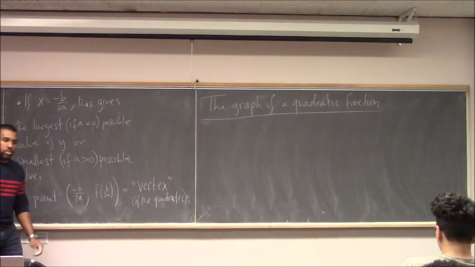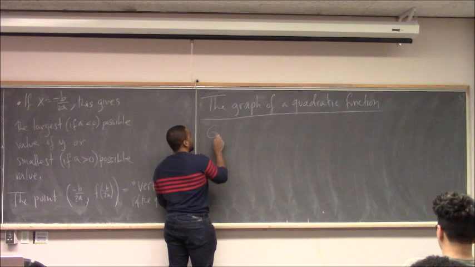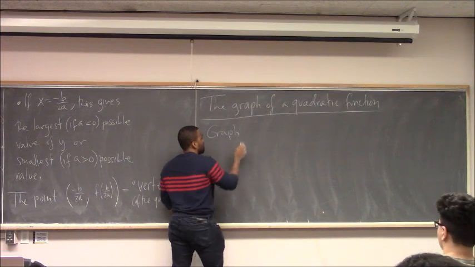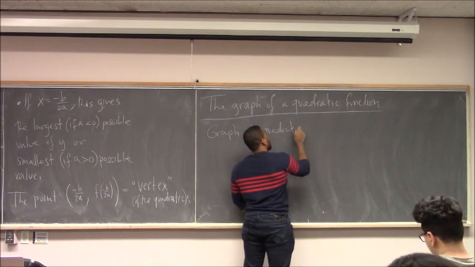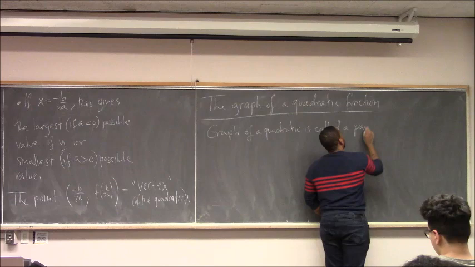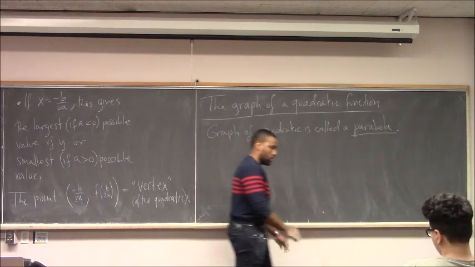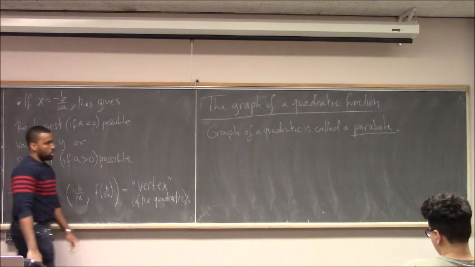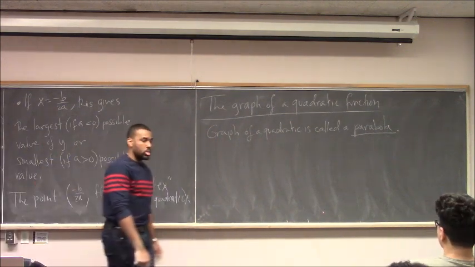Let's talk about the graph of a quadratic function. For one, it's so special that we actually give it a name. The graph of a quadratic is called a parabola. So when you start to graph a quadratic, you draw that picture in the xy plane.